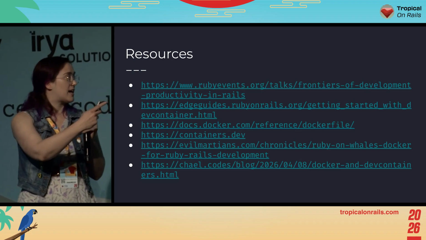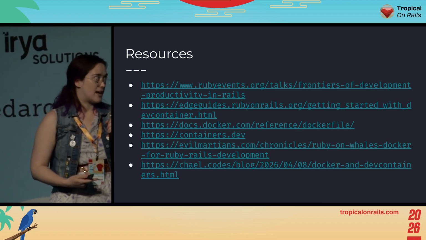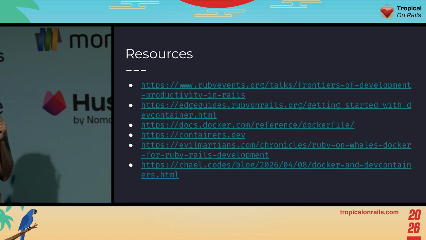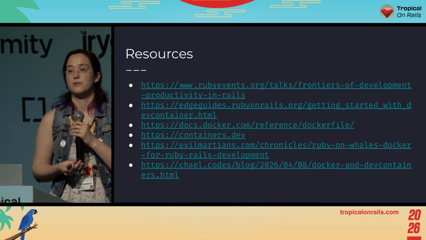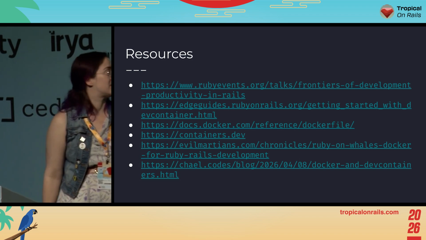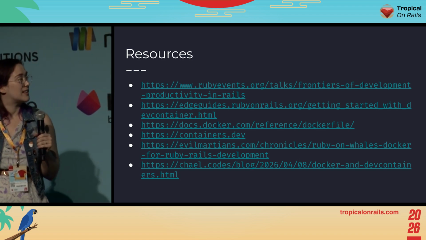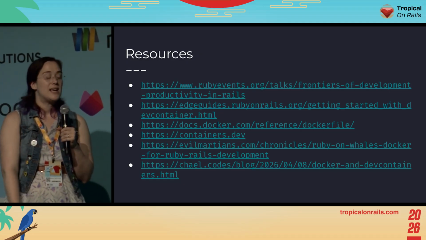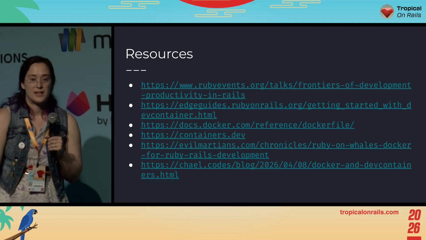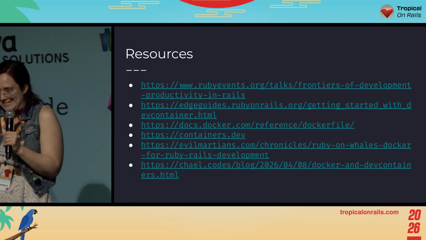There's also the Docker guides in containers.dev. Evil Martians have done one about Ruby on Rails that describes a very complicated, sophisticated setup. So if you run into any issues, that might be a place to look at. And last but not least, there is a companion blog post that was published just yesterday that describes everything that I've talked about in here on my blog site.